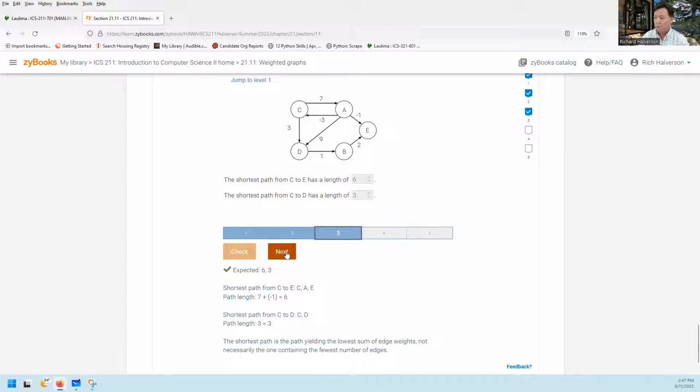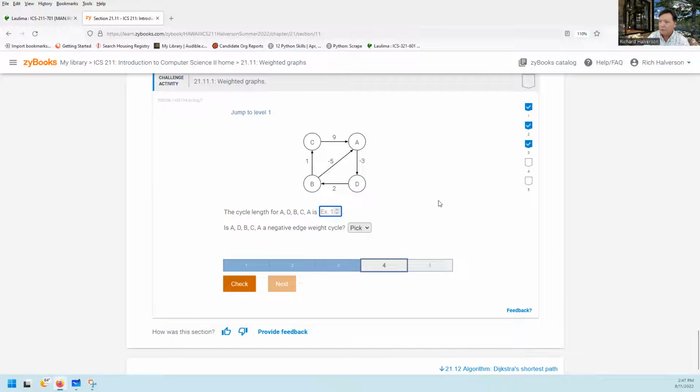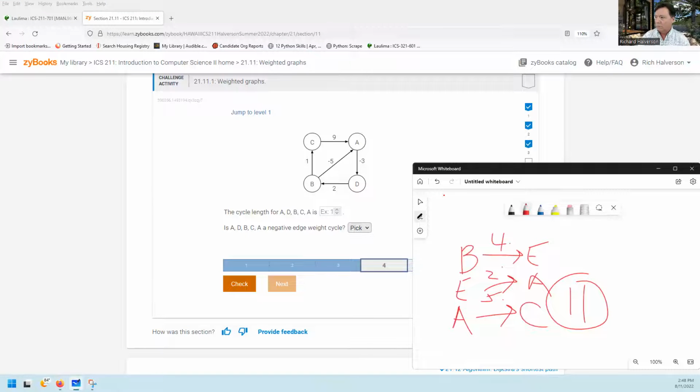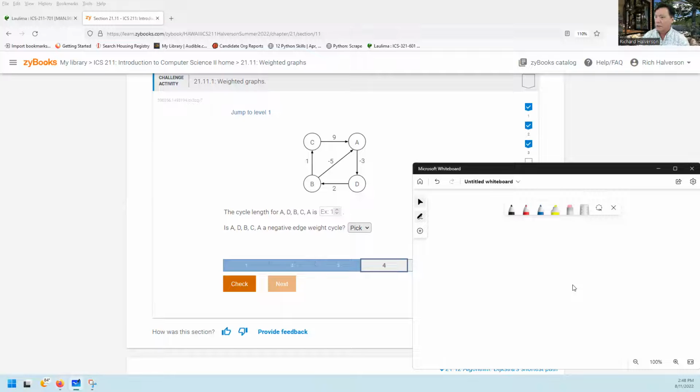All right, what's next? The cycle length for A, D, B, C, A. Let's see, A to D is -3, and then from D to B adds 2, and then from B to C adds 1, and then back to A again adds 9.